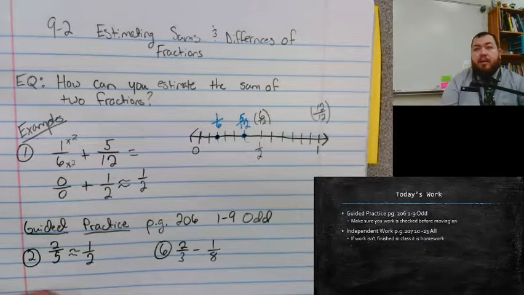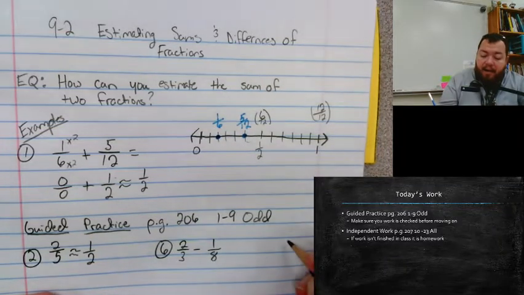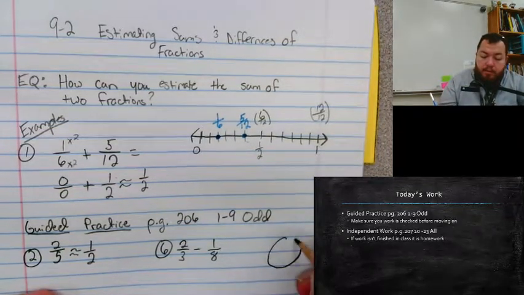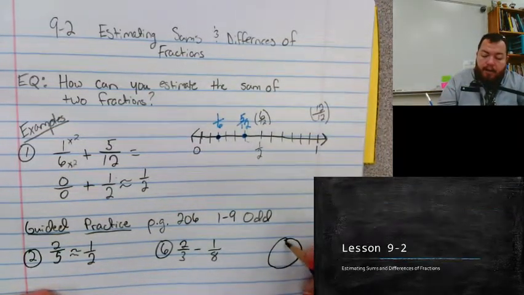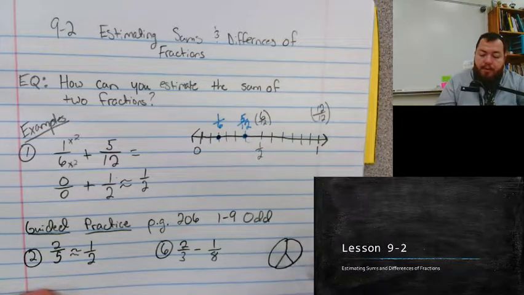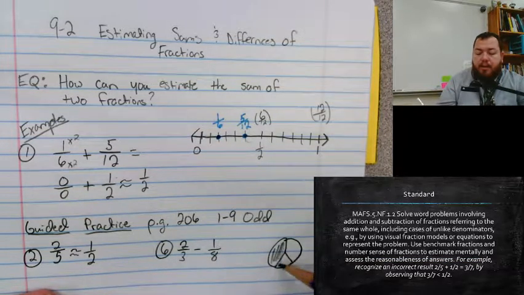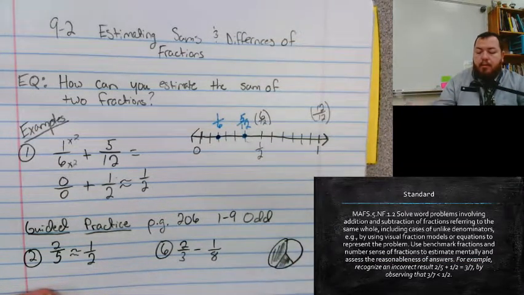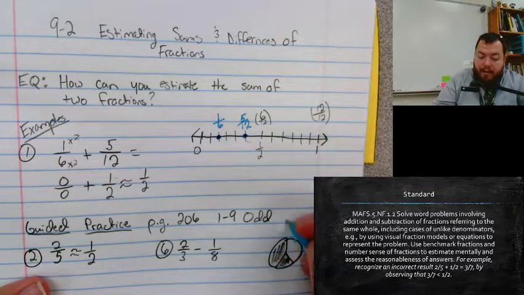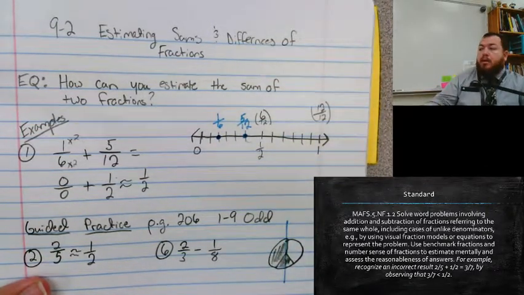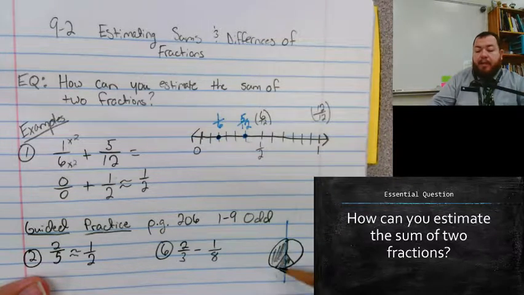I say it's closer to 1/2. If I have a circle and I divide that into 3 equal parts, I haven't done this in a while, and I shade in 2/3 of it, and then I divide that circle in half, it's closer to 1/2 being shaded in than a whole being shaded in. Do we see that?